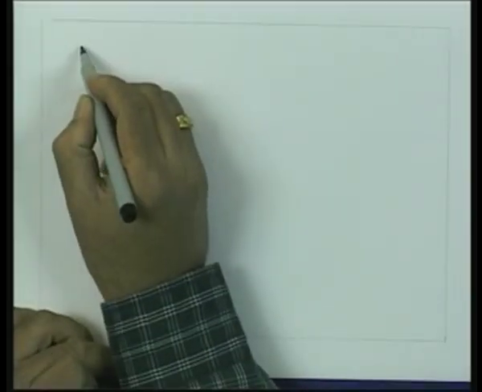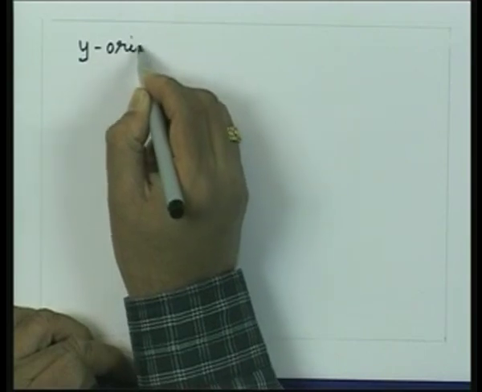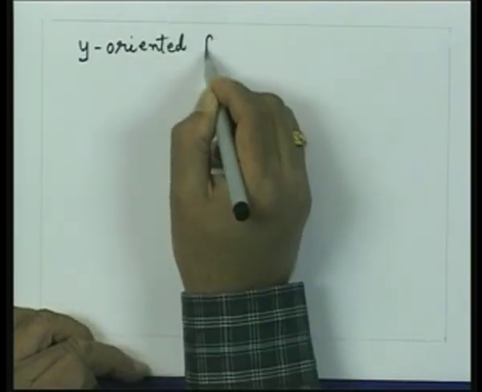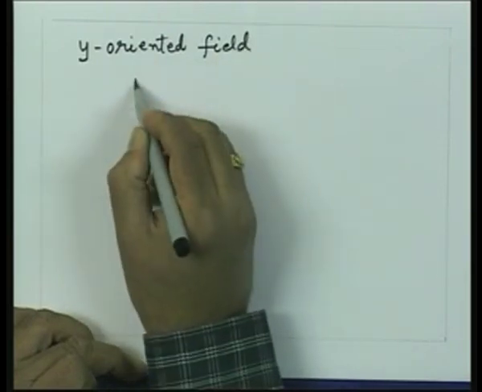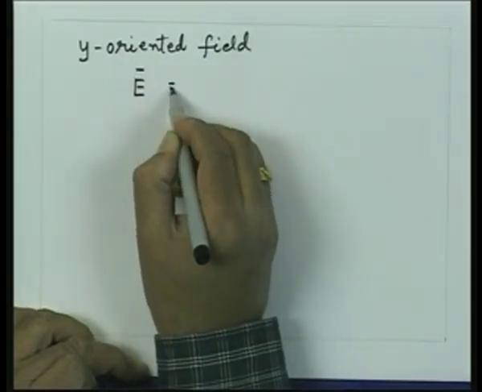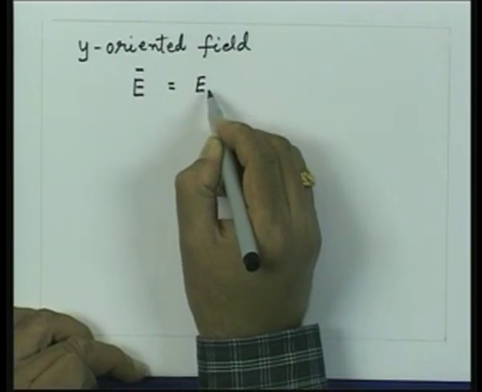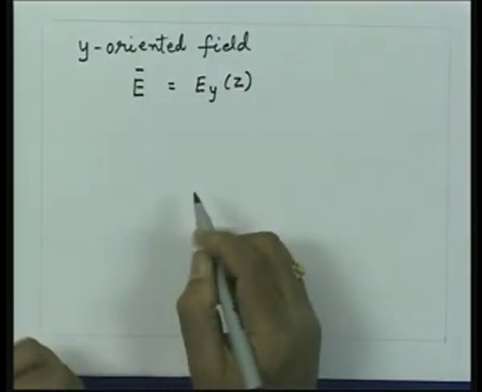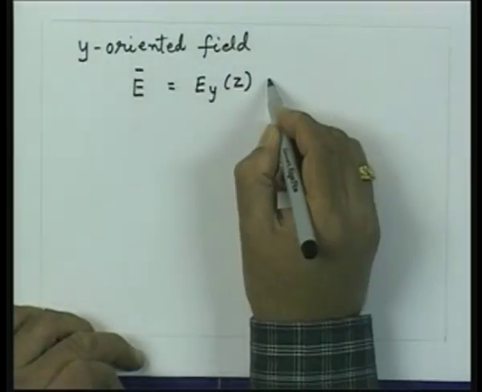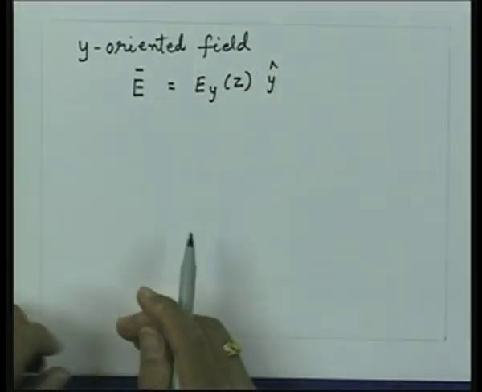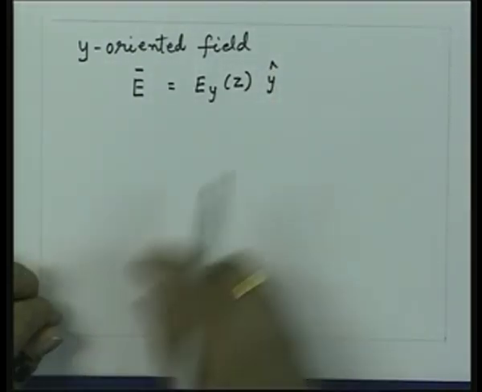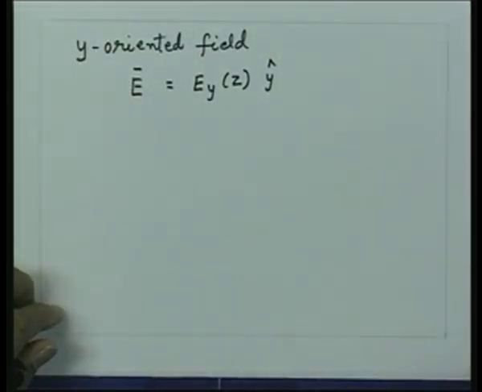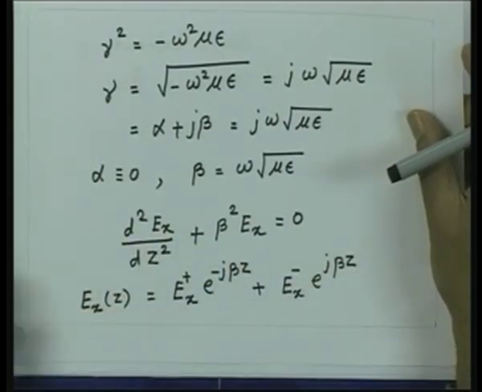So if I consider y oriented field, that is my E is Ey, function of z, and this is oriented in y direction, and if I substituted this into the wave equation, I would again get the identical equation as this with Ex replaced by Ey.